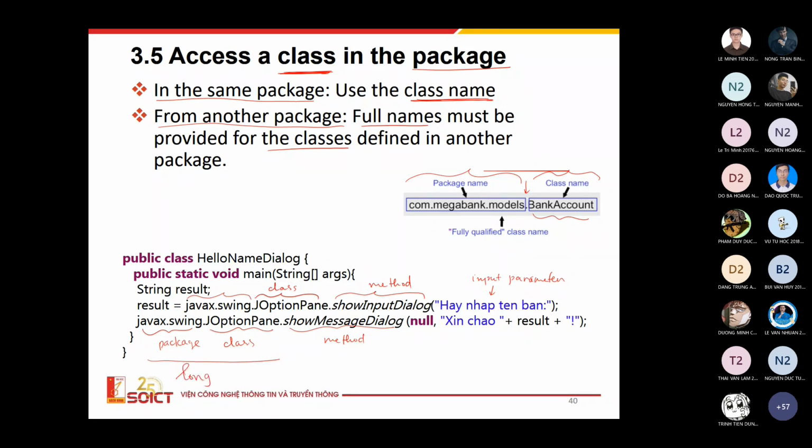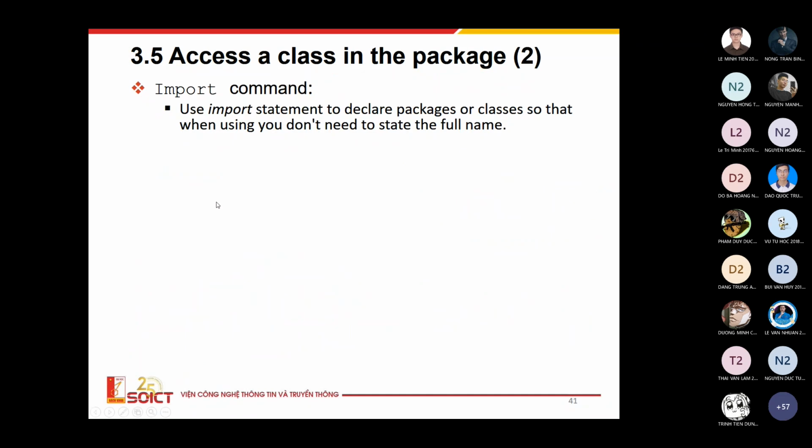It's long. So you can use the import command at the beginning of the code to show the JVM that you want to use some package in this code. The import statement is used to declare the package or the classes, so that you don't need to use the full name for this class.